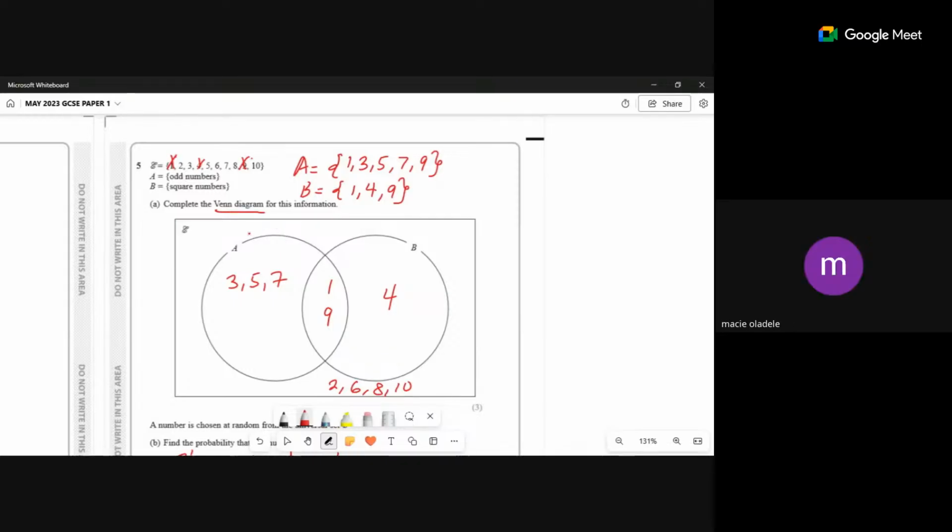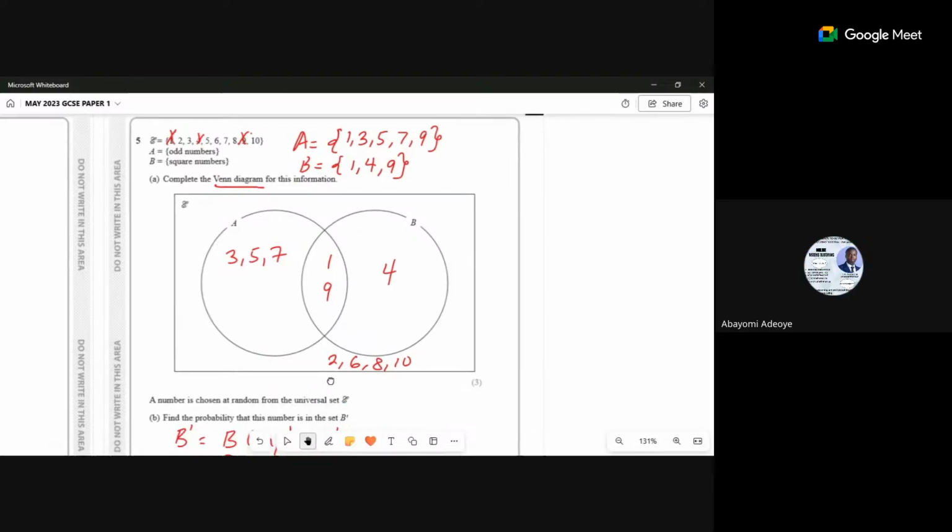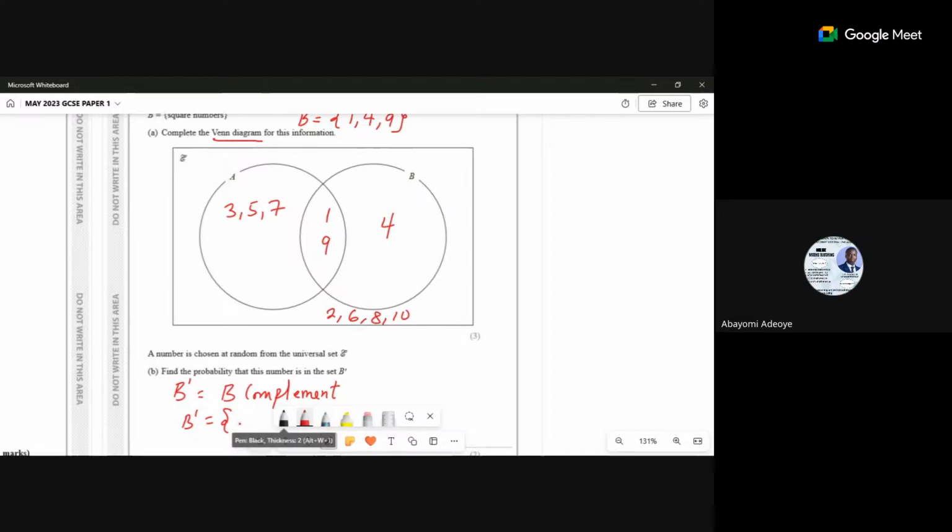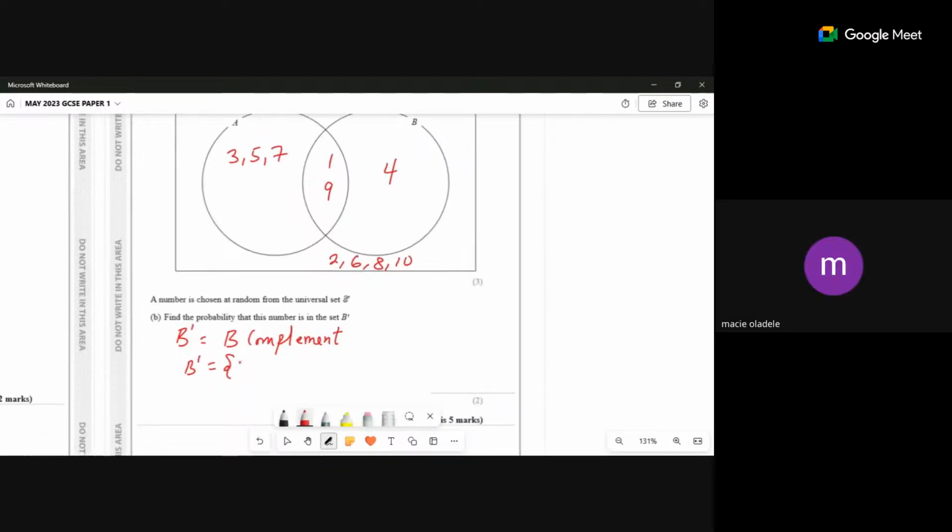So what are the remaining elements? 2, 3, 5, 6, 7, 8, and 10.